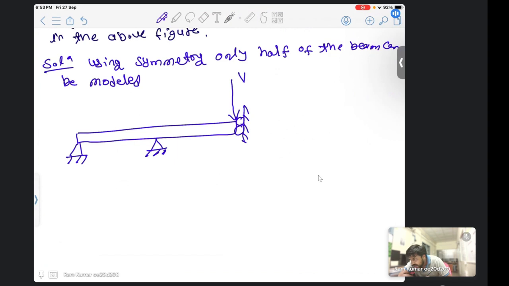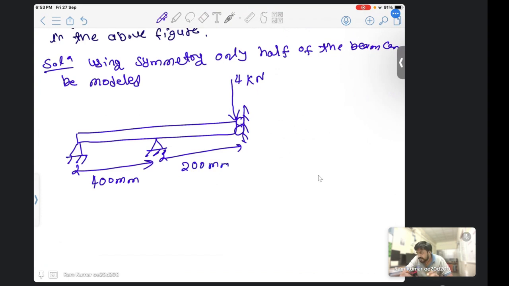So this is our 4 kilonewton force, because the total is 8, so it will be 4 on both sides. Then this has length 400 mm. This has length 200 mm.